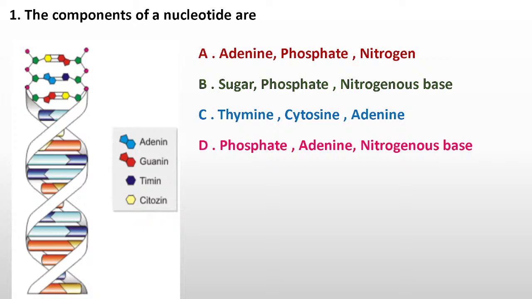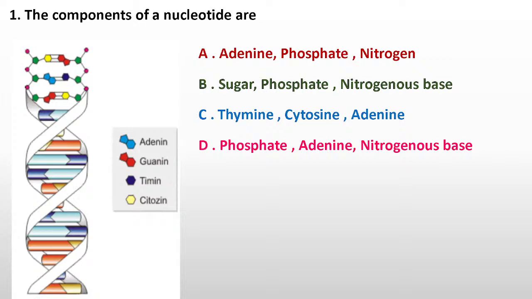The nitrogenous bases are of two main types, purines and pyrimidines. The purines are double-ringed compounds and the pyrimidines are single-ringed compounds. There are two types of purines, namely adenine and guanine, and two types of pyrimidines, namely cytosine and thymine.